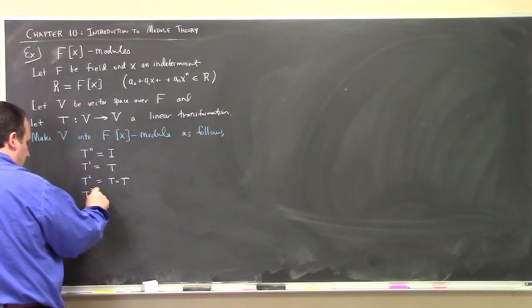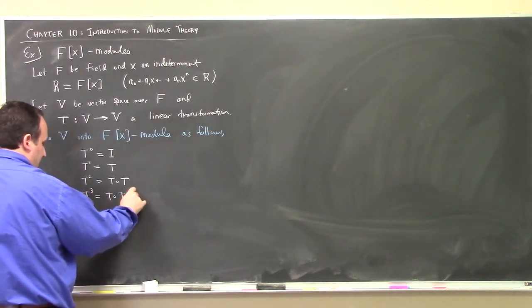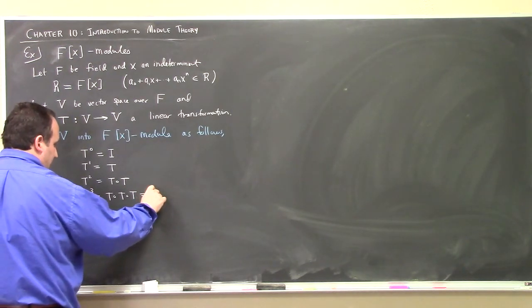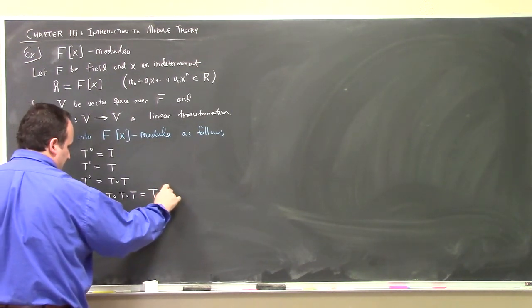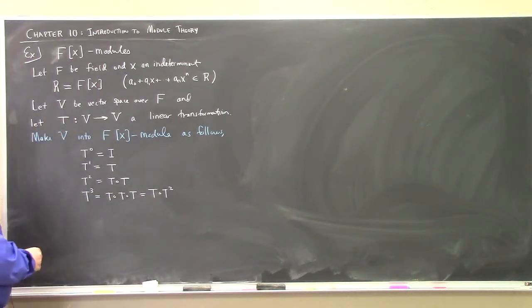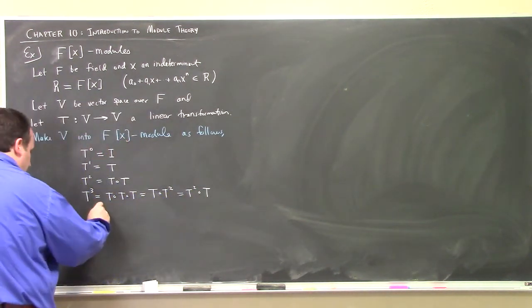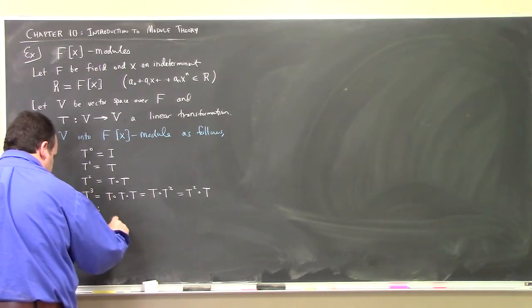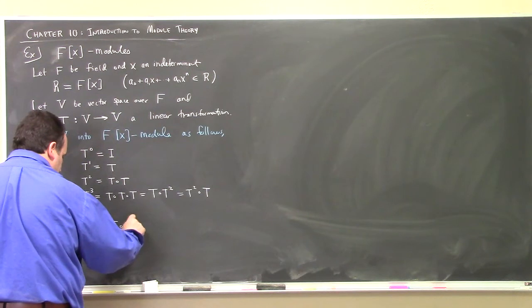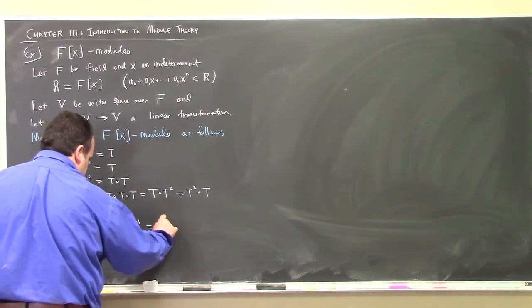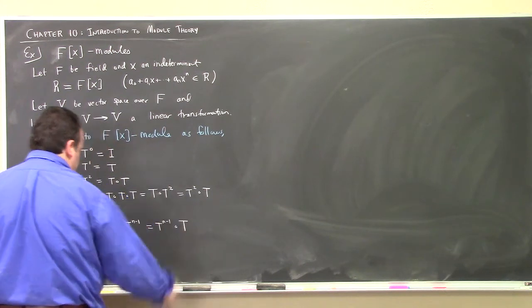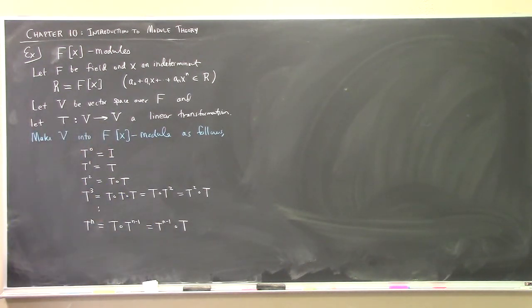The operator cubed is T composed with T squared, or you could look at it as T squared composed with T. And so forth, the nth power of the operator is T composed with T to the n minus 1, or T to the n minus 1 composed with T. The operator commutes with itself, so that's nice. This is how we define operator powers, okay?